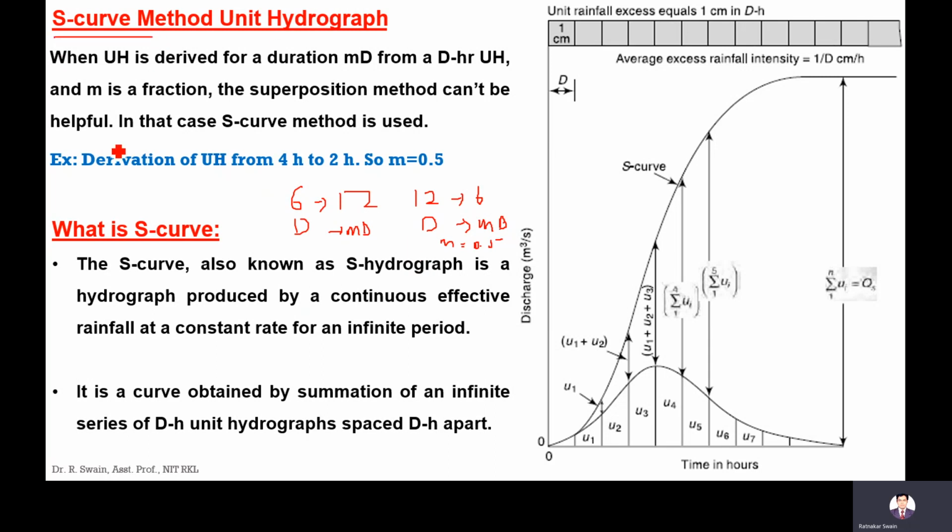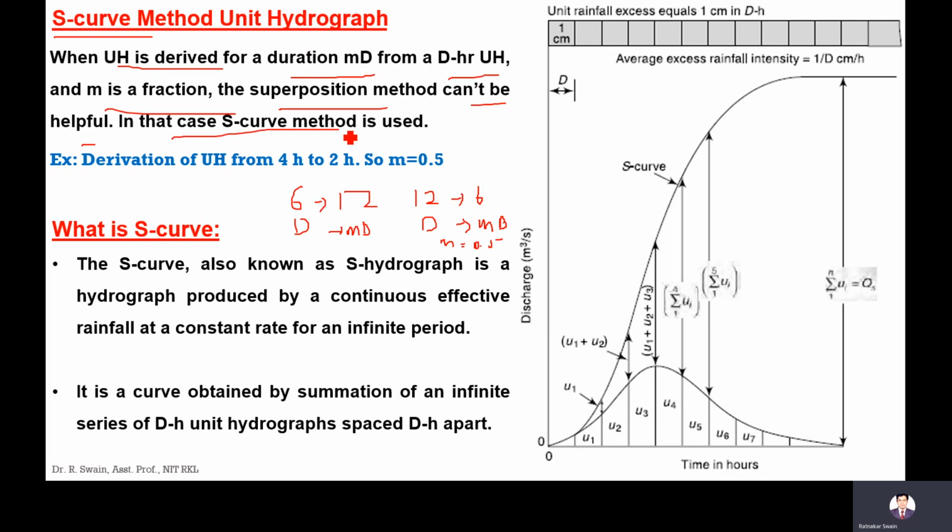Like from 12 hour to 4 hour, from 8 hour to 4 hour, from 18 hour to 6 hour, 12 hour to 6 hour. It means M is a fraction. So in that case, we have to use this S-curve method. When a unit hydrograph is derived for a duration MD from a D hour unit hydrograph, and M is a fraction, like here it is 0.5, the superposition method cannot be helpful.